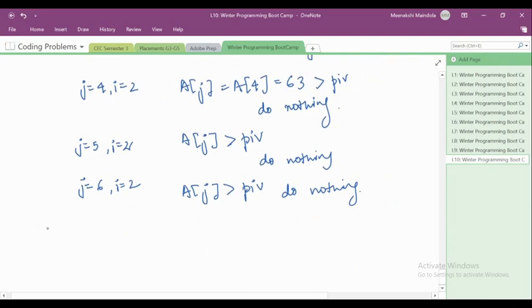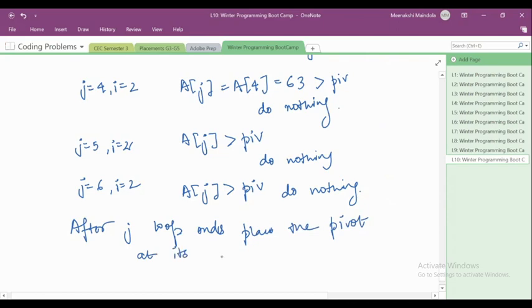Okay, so now you place the pivot element at its correct position. So after the j loop ends, place the pivot at its correct position.